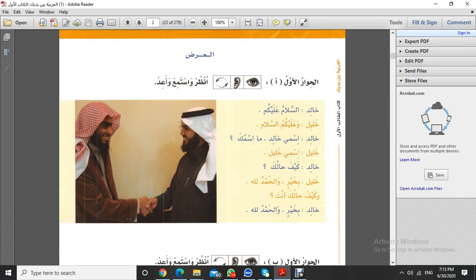Ma separately has different meanings and comes in different ways, but here it means what. Ismuka, if you read it separately, is your name. Ka here is used for your. Ma, what. Ism, name. Ka, yours.